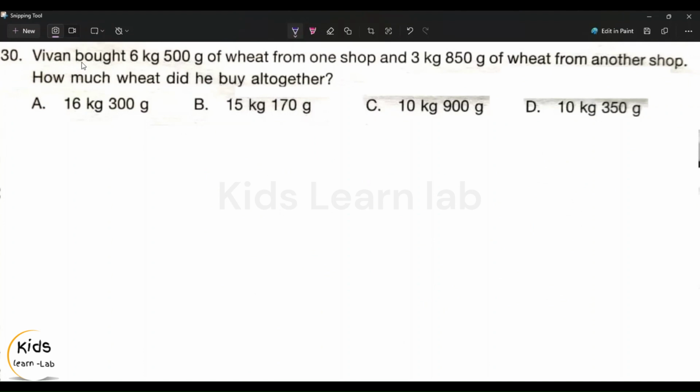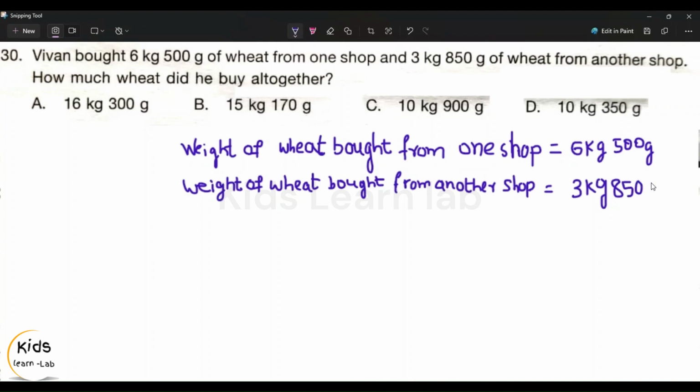Question number 30. Vivan bought 6 kg 500 grams of wheat from one shop and 3 kg 850 grams of wheat from another shop. How much wheat did he buy altogether? So weight of wheat bought from one shop is equal to 6 kg 500 grams. Weight of wheat bought from another shop is equal to 3 kg 850 grams.